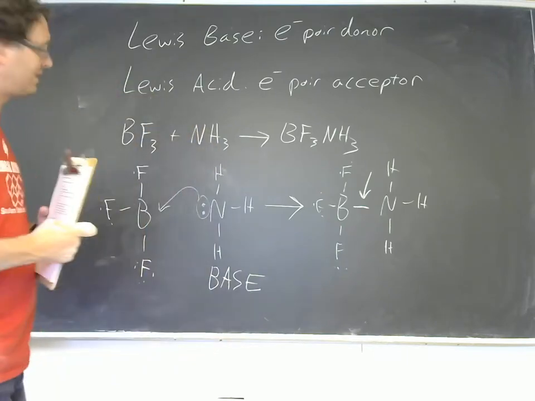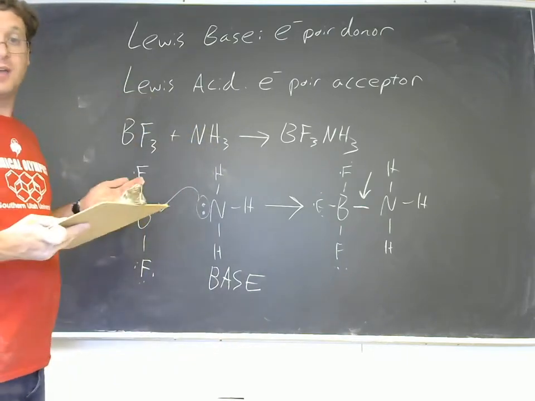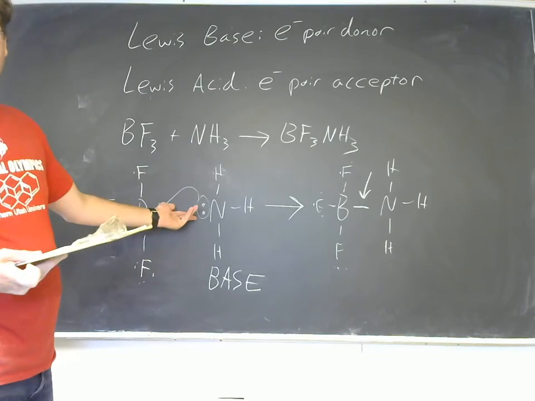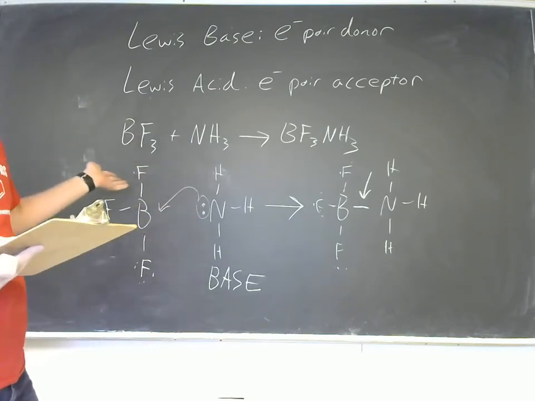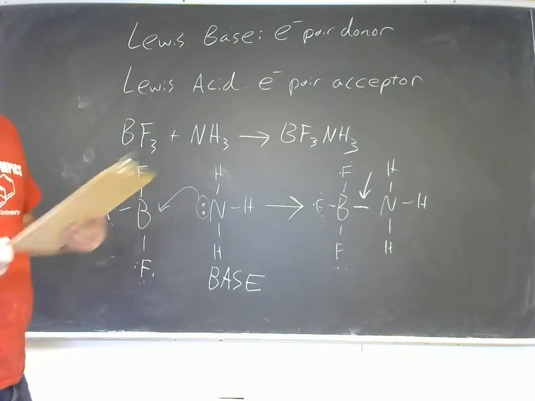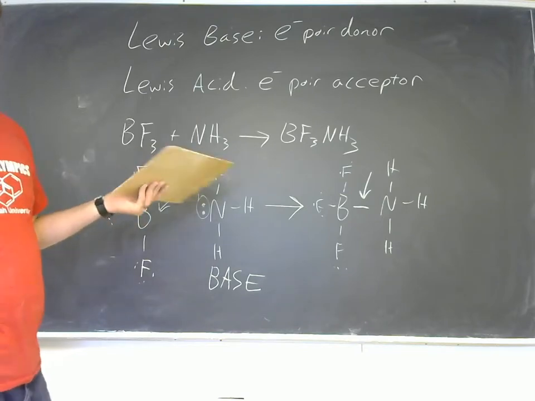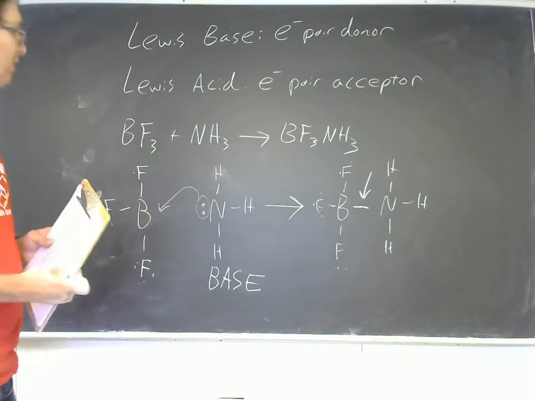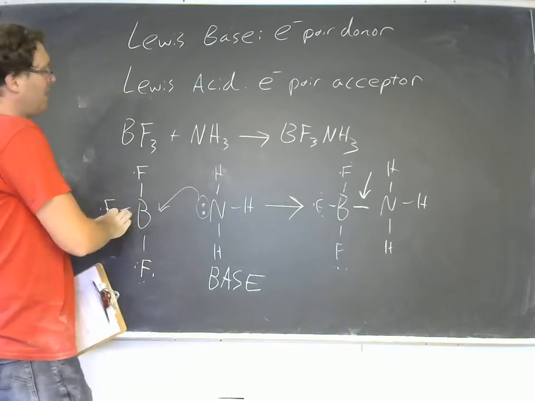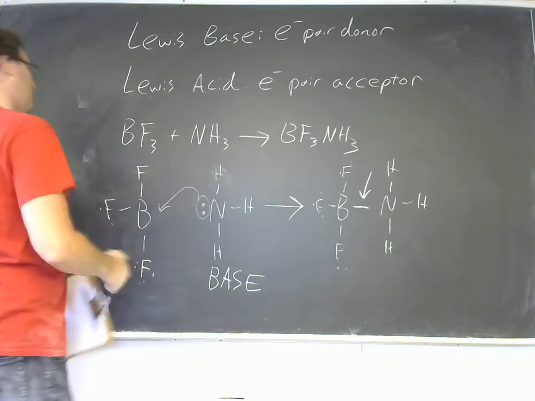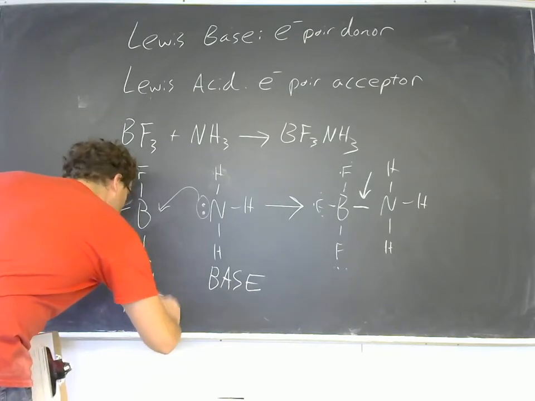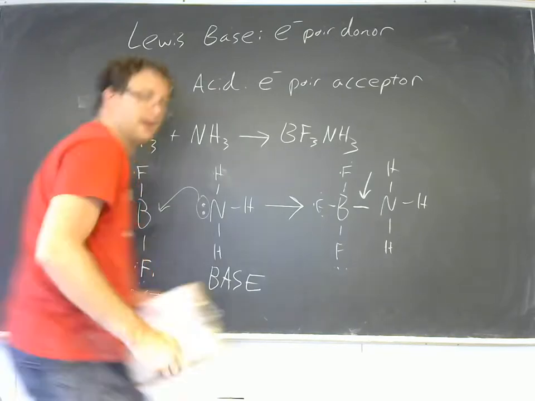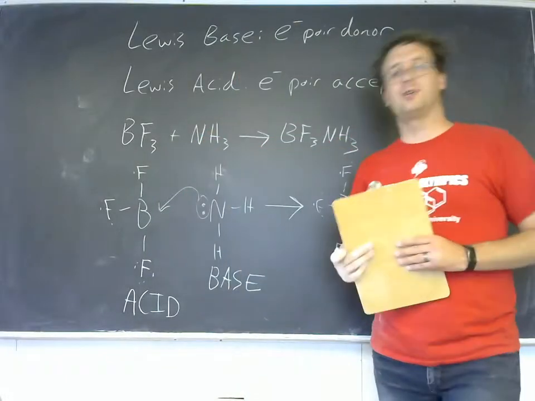It is still a base, but now it is acting as a base by donating its electrons. There's no H plus or proton anywhere involved in forming or breaking new bonds in this reaction. And then BF3, it is accepting that electron pair, and so it is actually an acid. It's a Lewis acid.